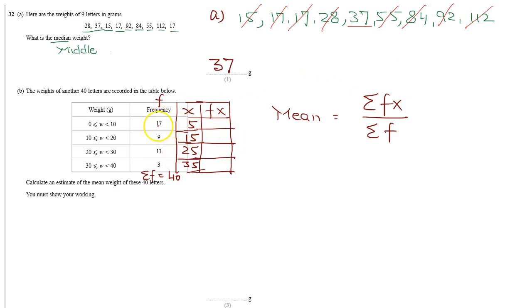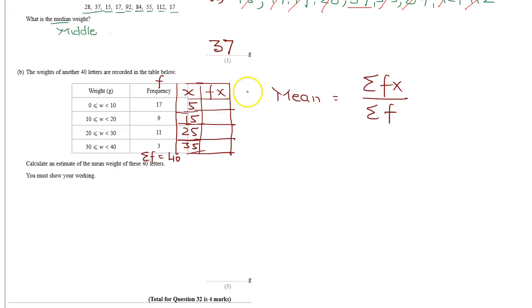Now you have to multiply it. So the first one is 17 times 5 is 85, 15 times 5 is 135, 11 times 25 is 275, and 35 times 3 is 105.